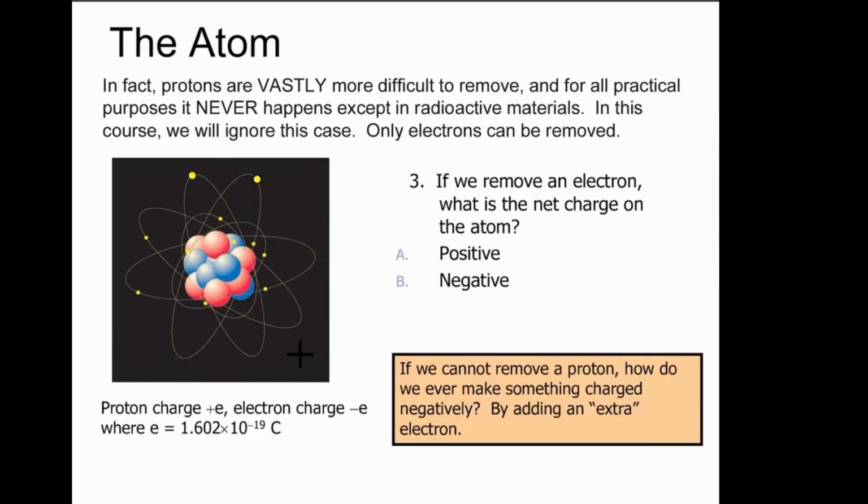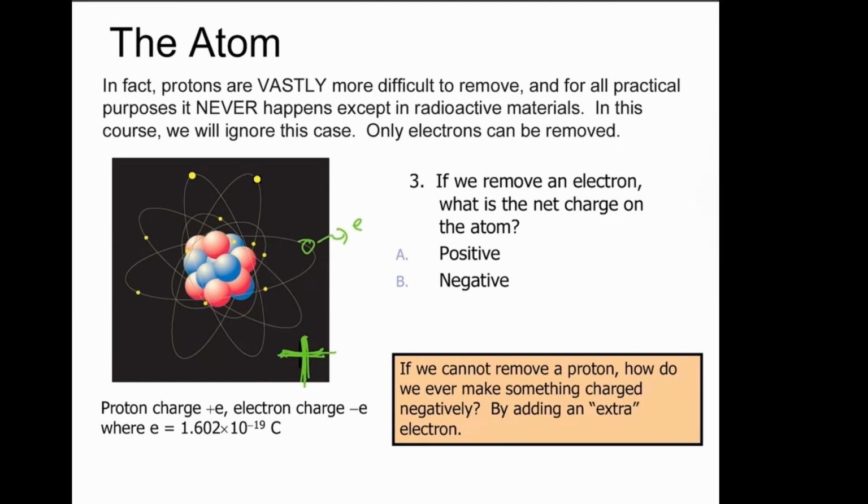When we remove an electron, this atom will have less electrons and extra protons. So our atom will become positive. Let's say this electron moves away, so our atom becomes a positively charged particle.